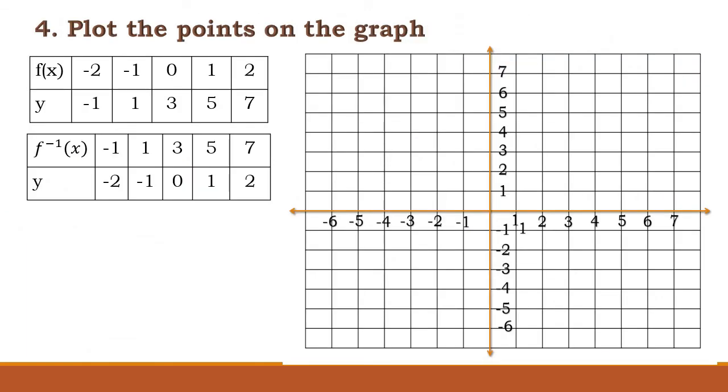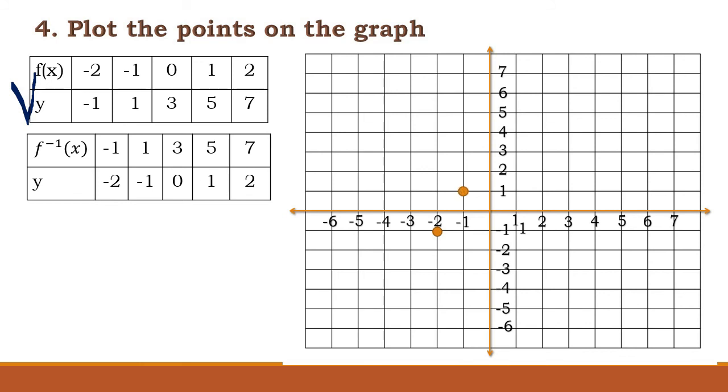The last step is to plot the points on the graph. Let us plot the points first for the original function. Negative 2, negative 1. Then we have negative 1, 1.